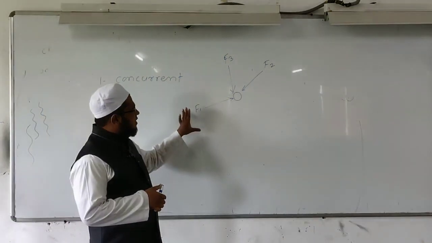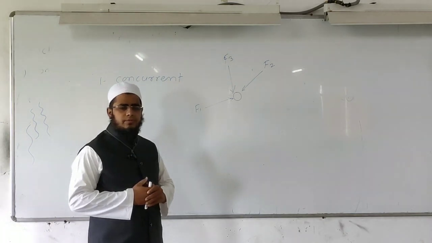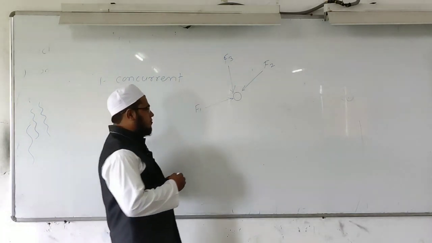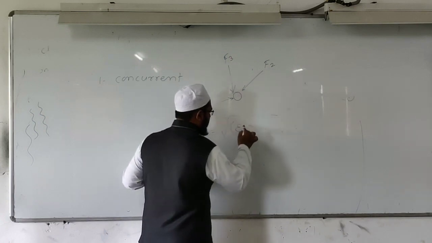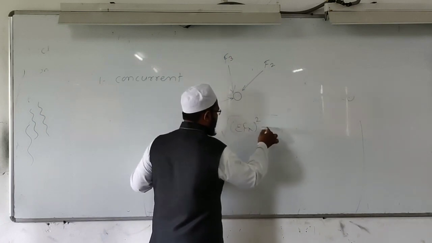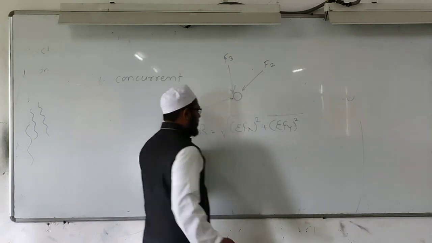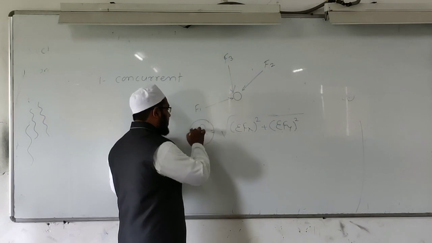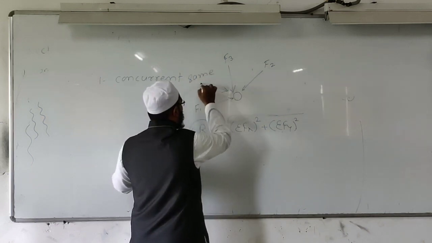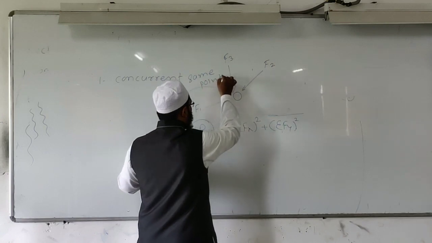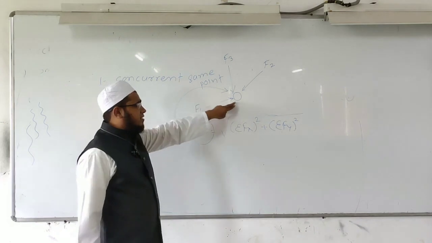As in a concurrent force system all the forces are acting at a single point, whatever resultant R we get using the formula, under root of summation Fx square plus summation Fy square, this R is also acting on the same point on which all the other forces are acting.